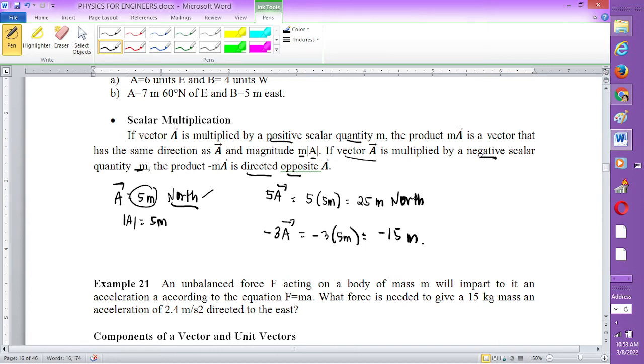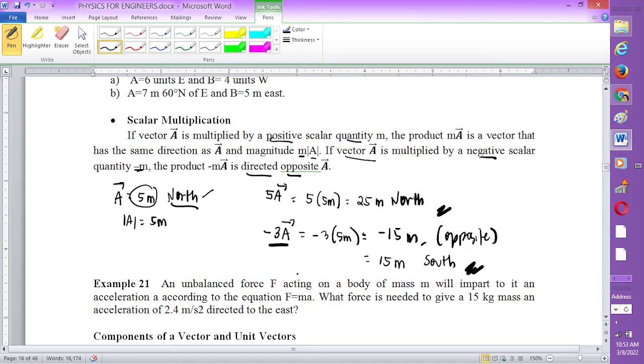So you have to rewrite this as 15 meters south. You don't have to write the negative anymore, because the negative only indicates opposite direction, opposite of where your vector is originally located. So the answer here for negative 3A is this one. Did you get it, class? That's all there is to scalar multiplication.